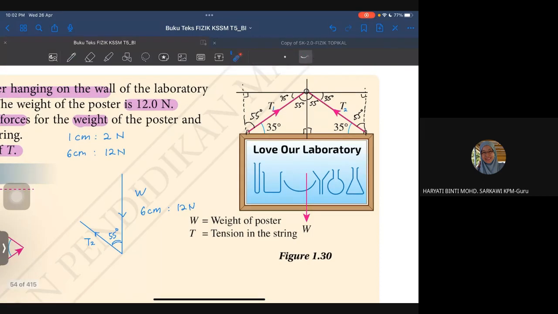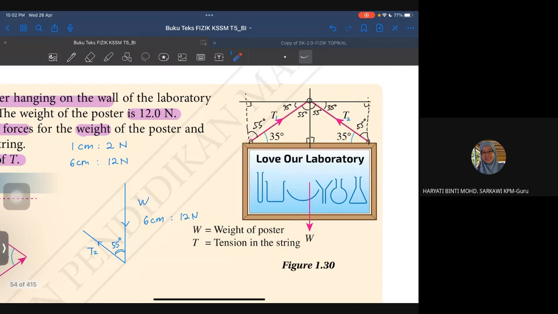T1 you draw behind T2, draw like this, if you know this angle. If you don't know this angle, it's good to draw from the side that you are confirmed with the angle. So in this case, see here. This is 90 degrees downward, right? That is like your W. So you can see this is your T1. The angle here is 55.